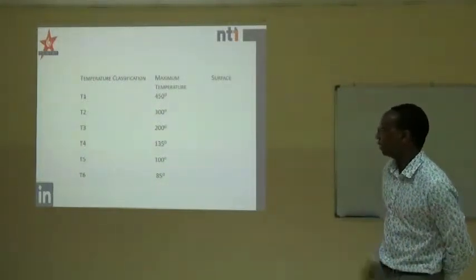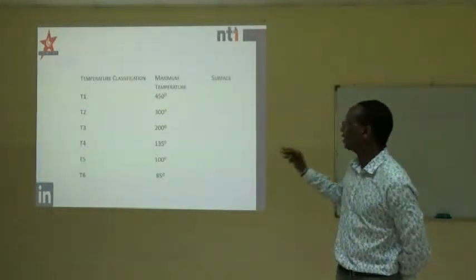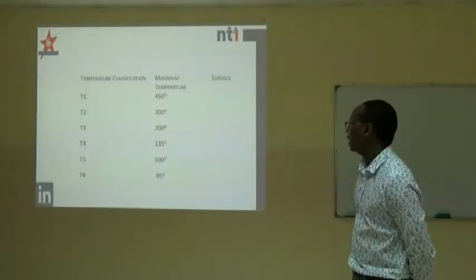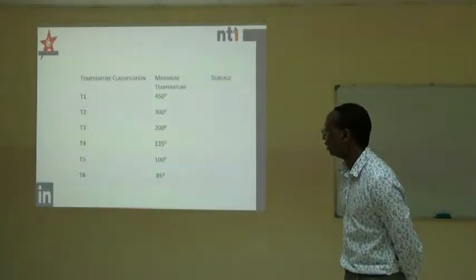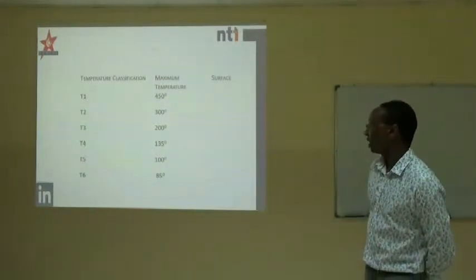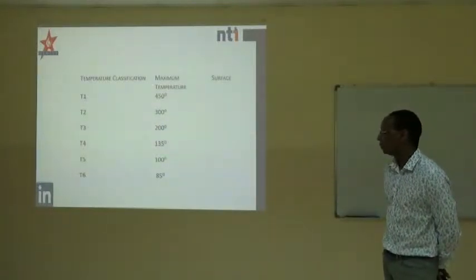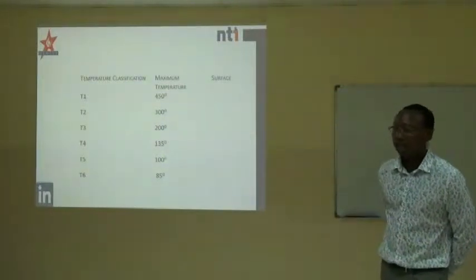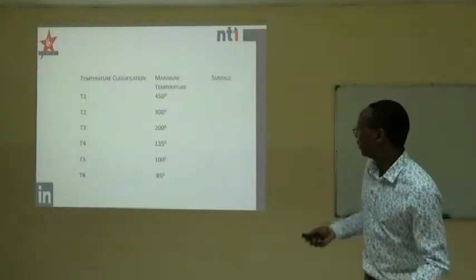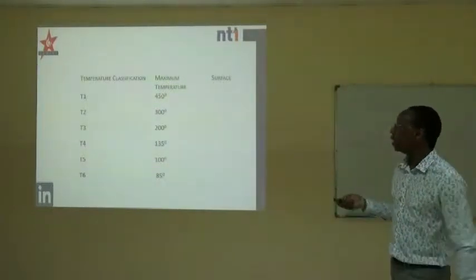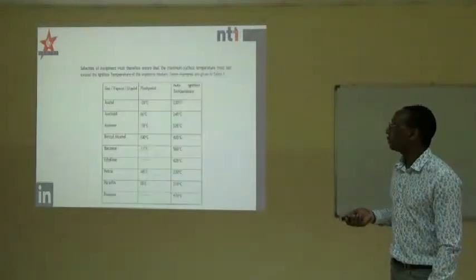T2 is 300 degrees Celsius, T3 200, up to T6, which is 85 degrees Celsius. Maybe T6 would be the only equipment that I can probably install in, for instance, zone 1, because it has a lower surface temperature.